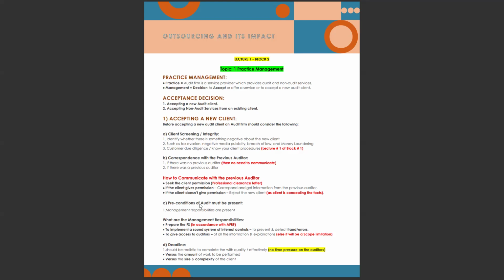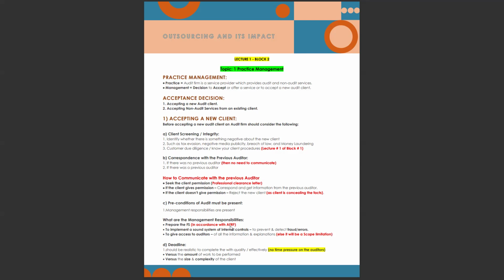Point C, preconditions of audit must be present. Preconditions of audit means management has done its responsibilities. What are the management responsibilities? Prepare the financial statement in accordance with applicable financial reporting framework.